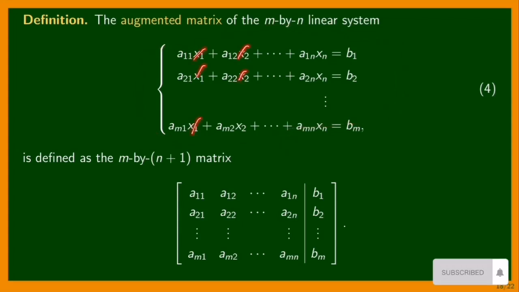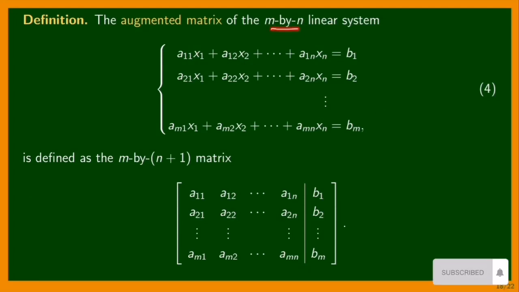In a way, these entries have addresses, so you know which equation they belong to and which unknown they are attached to. The scalars on the right, the right hand side of the equations, we put in the last column. Then we put an imaginary line here. The matrix has no actual line, but so we can see the right hand side, we draw a line. We call this the augmented matrix of this linear system.